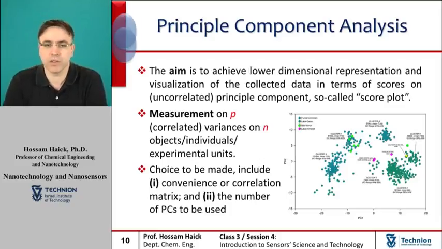It is a common method for finding patterns in data of high dimensions. The aim is to achieve lower dimensional representation and visualization of the collected data in terms of scores on uncorrelated principal components, the so-called score plot.